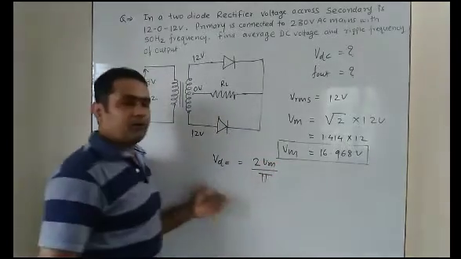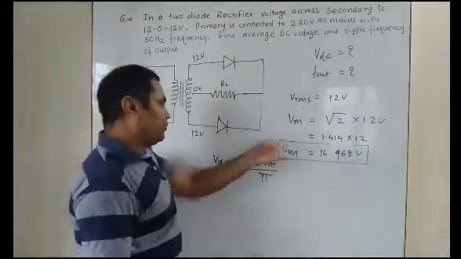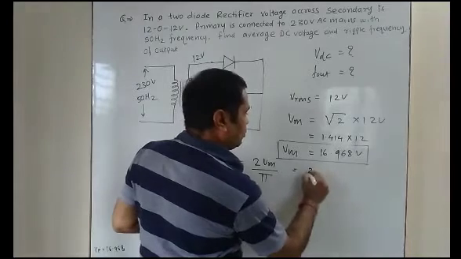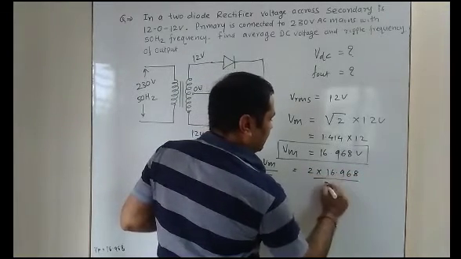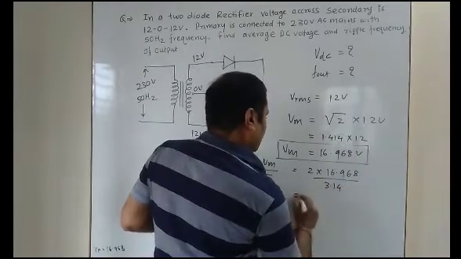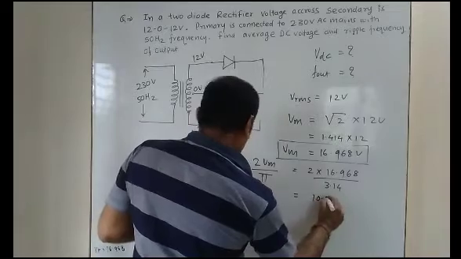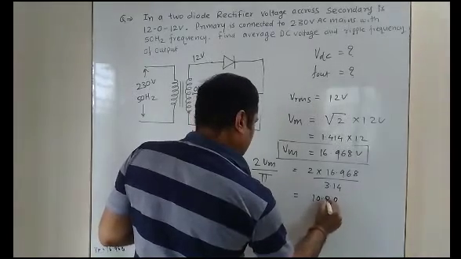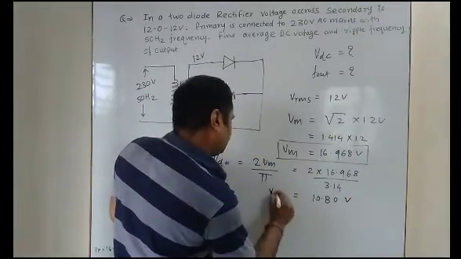Vm is already known, so it is 2 multiplied by 16.968 divided by 3.14. If you calculate it, it will be found to be 10.380. So this will be the value of DC voltage at the output.